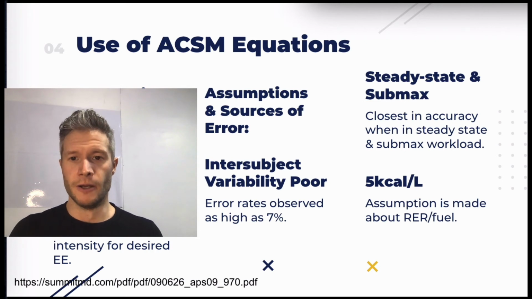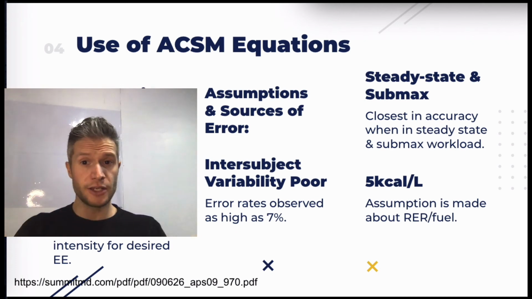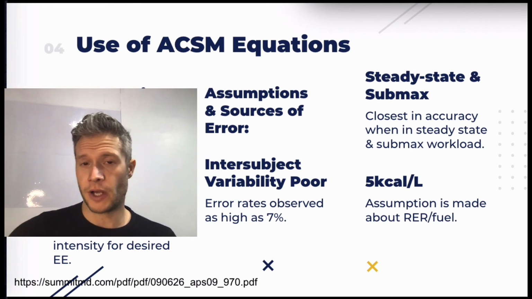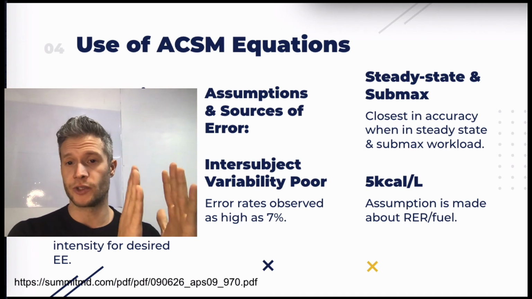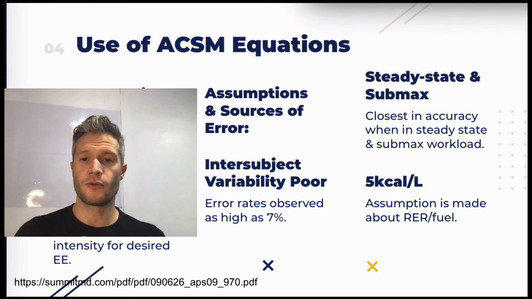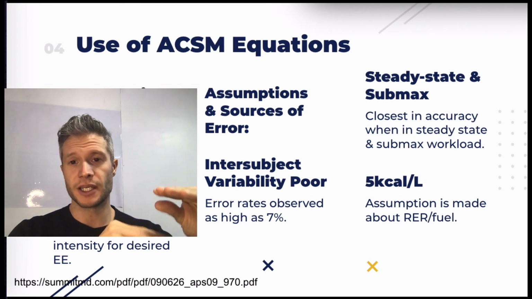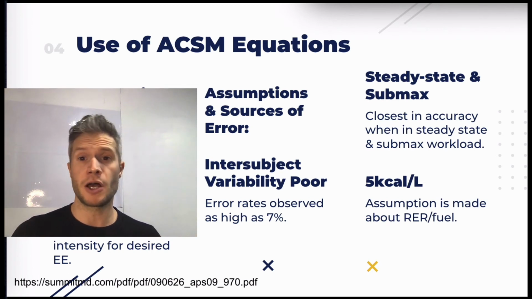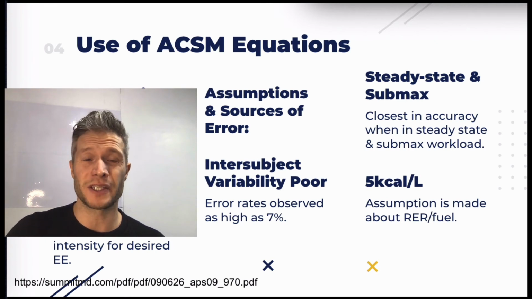What that means is, if I had my VO2 directly measured through a metabolic cart during exercise, there's going to be quite a bit of difference between the equation, your predicted, and your actual. Remember, we did this before, where you look at a predicted number and then see what the actual measured number is. There's typically a discrepancy, sometimes a lot, sometimes not much, but some of the error rates observed for these equations can get as high as 7%.